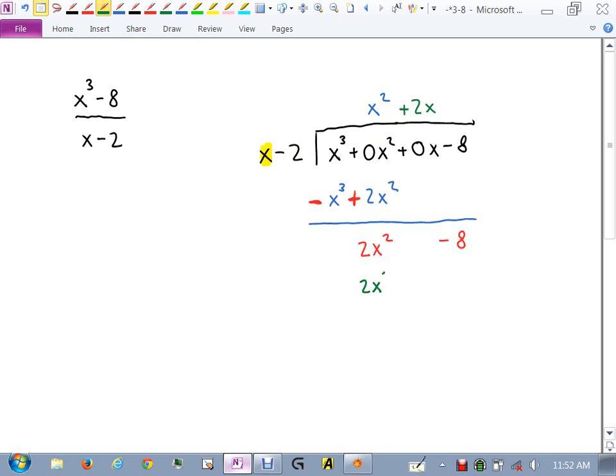I put that right underneath the 2x squared. Then 2x times negative 2 is negative 4x. And look, I've got a space for it, because I wrote the x column vertically. So I put in negative 4x. Then I can come through and subtract. Questions at all? Sure.